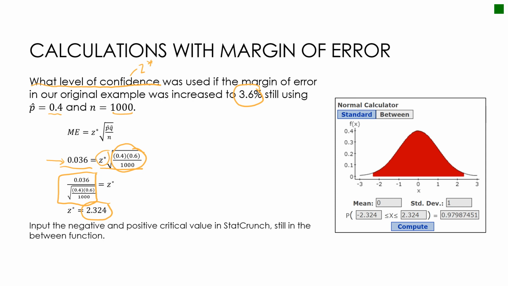So I'm not going to actually go into StatCrunch, but I'm just going to explain how I found this. Again, I went to the between function of the normal calculator, so Stat, Calculators, Normal, click on Between, and notice what I did is I replaced the two values here with my negative critical value because I found the positive, but I replaced it with the negative and the positive, 2.324 and negative 2.324, and this is the answer that came out, which means between these two bars is 98% exactly, or not exactly, about 98%.